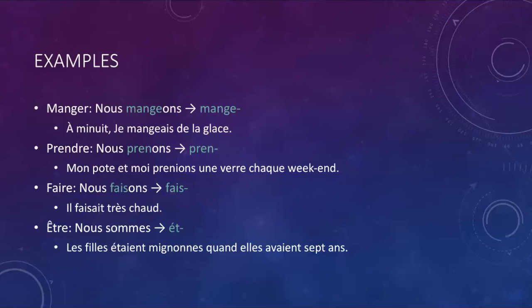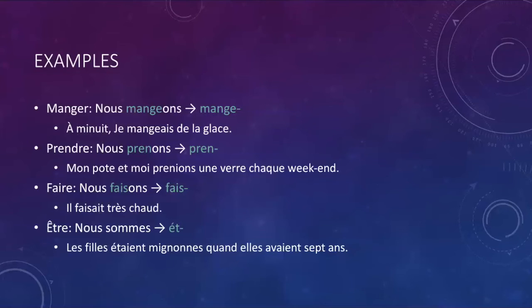So we just use é-t with the accent. Let's conjugate that one using the ils, elles subject. Les filles étaient mignonnes quand elles avaient 7 ans.